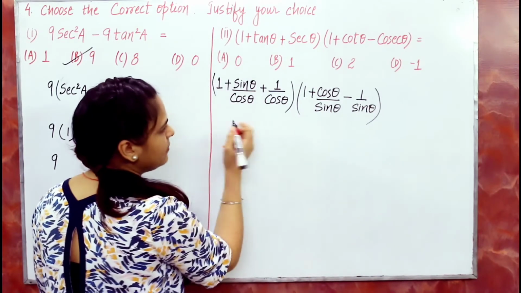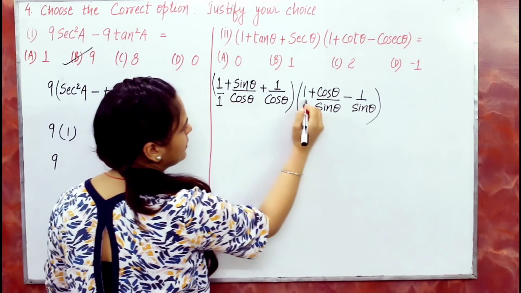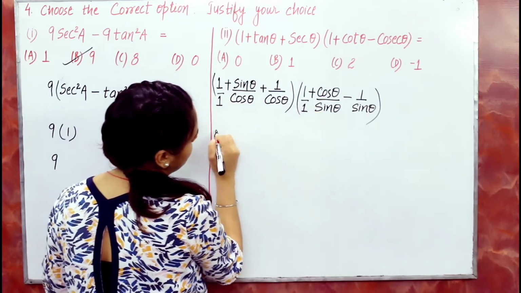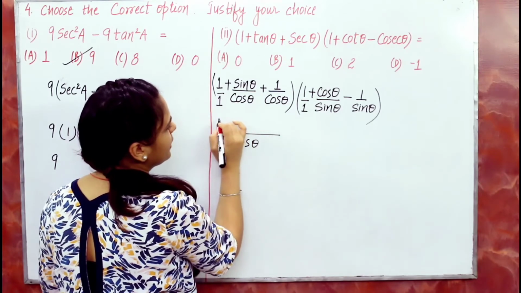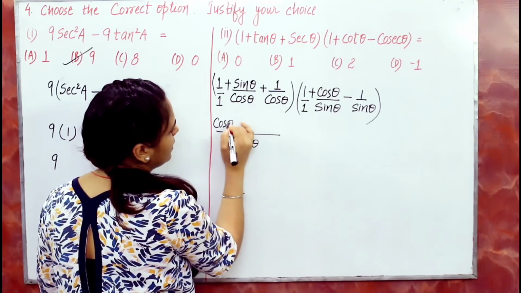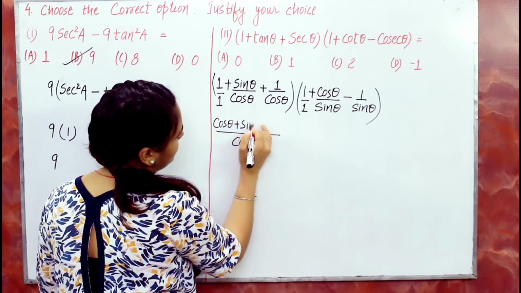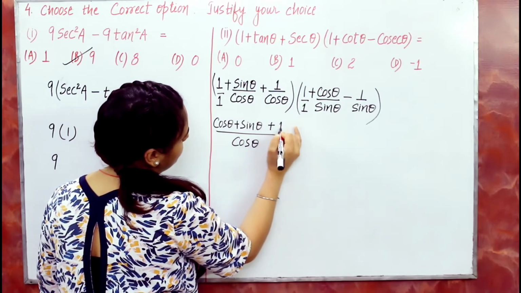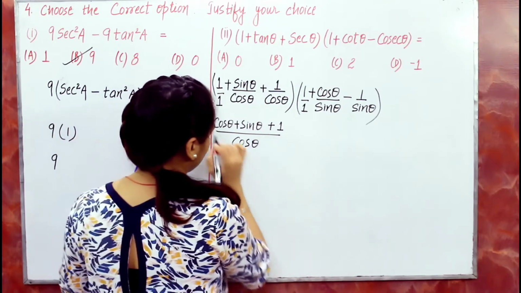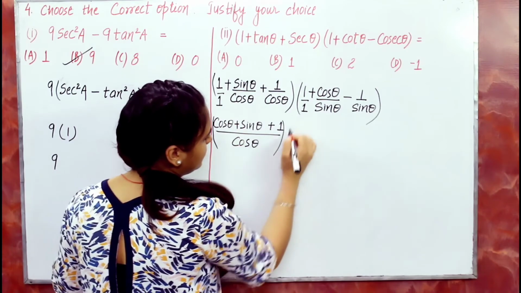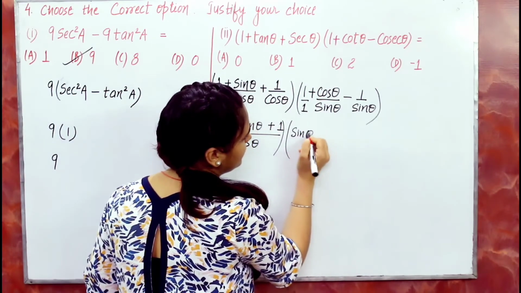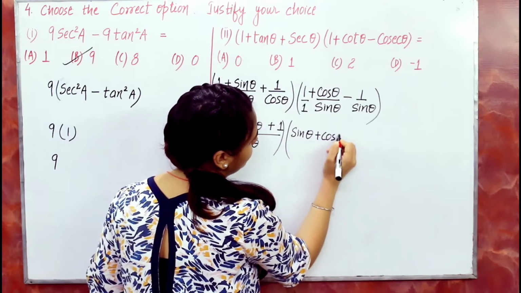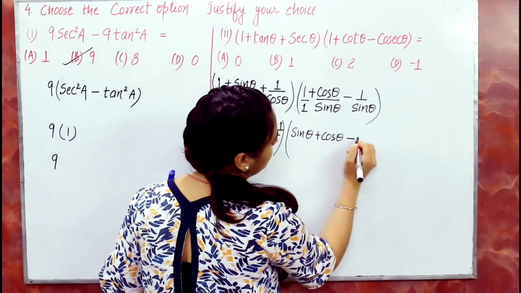Now by taking LCM, denominator is cos theta, and in numerator you will get cos theta plus sin theta plus 1, and this side you will get sin theta plus cos theta minus 1 upon sin theta.